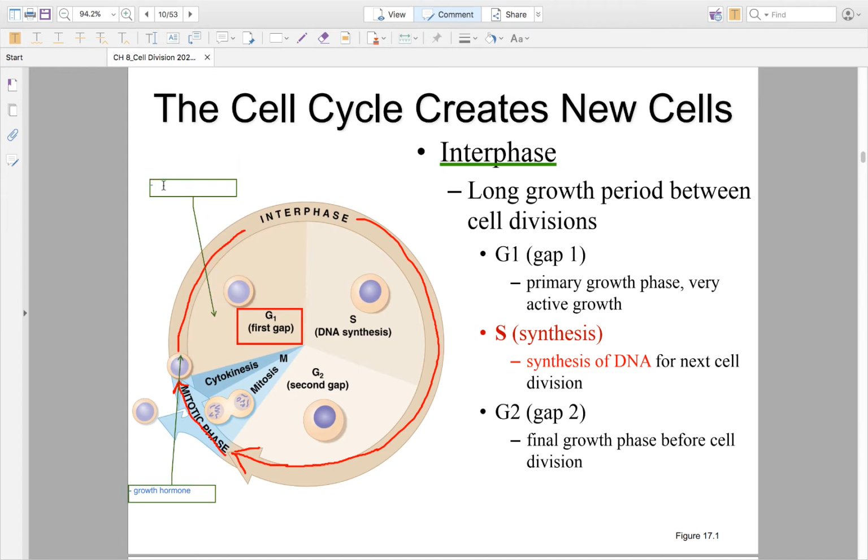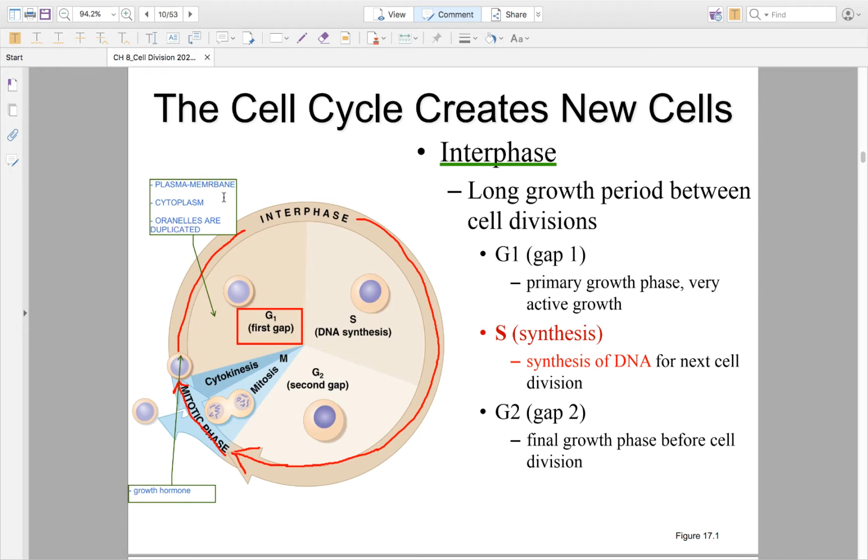Aside from growth, this is a primary growth phase. The things that are going to grow are everything except for DNA. The plasma membrane is going to grow. The cytoplasm will grow, and all of the organelles are duplicated.